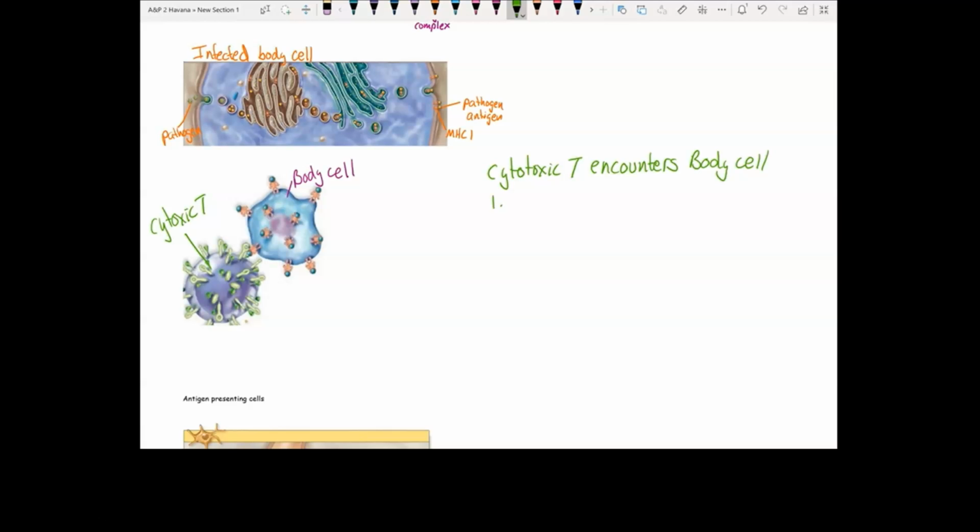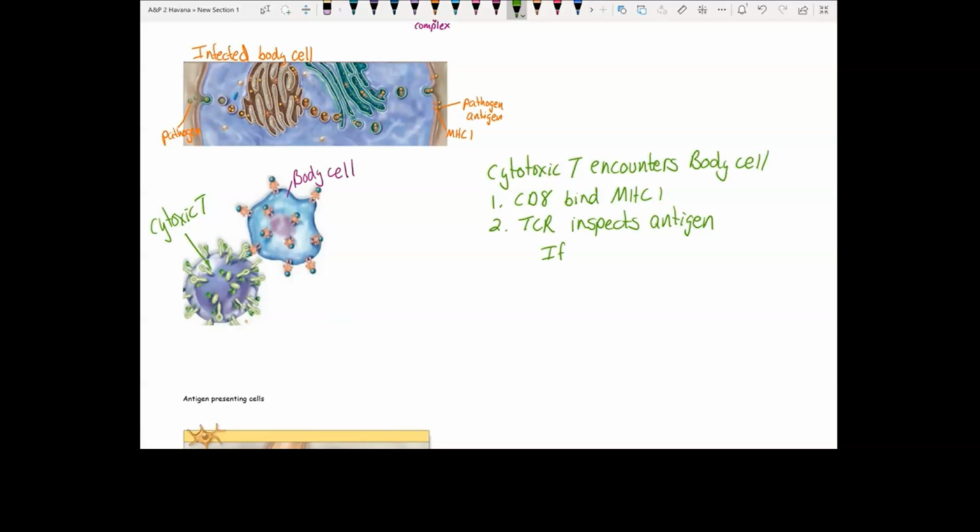The first thing that happens is the CD8 of the cytotoxic T will bind the MHC1 of the body cell. The second thing that happens is the TCR inspects the antigen. Okay, so by inspecting the antigen, it's looking at the cell's ID.